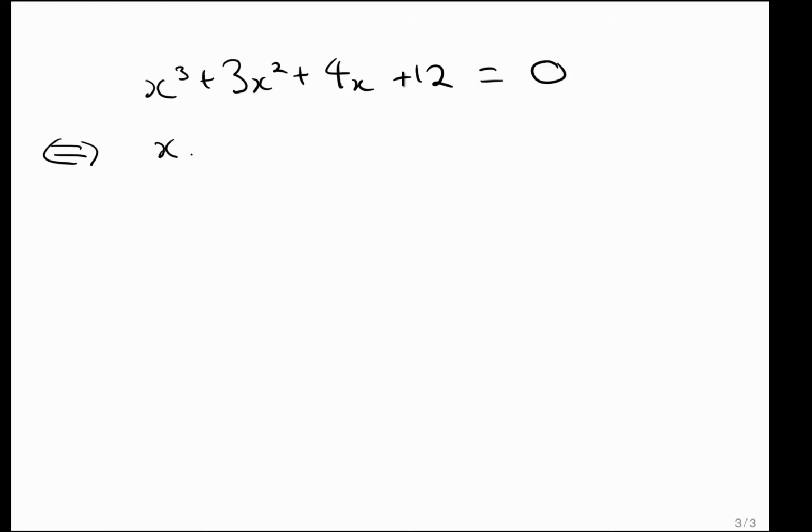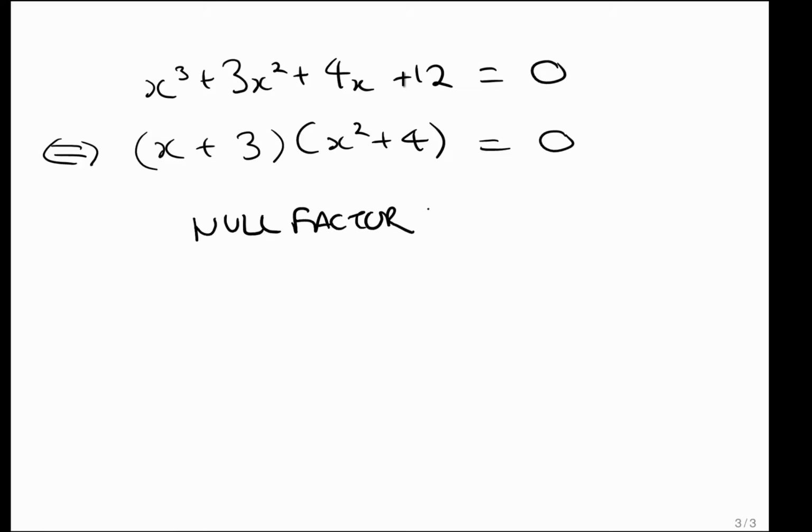Now this means that solving the original cubic polynomial equation is the same as solving the following equation, where we've now factorized the cubic polynomial, where this factorized form can take advantage of the null factor law from number theory, which says that if a bunch of things multiply together give 0, then at least one of these factors must be 0.